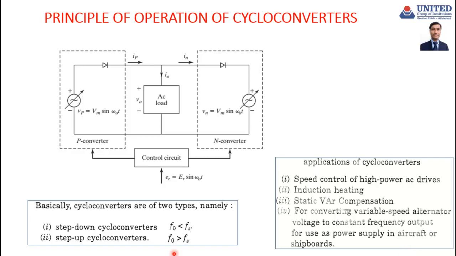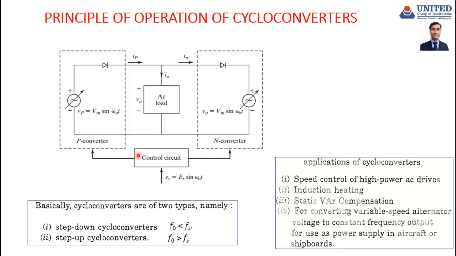Now, in order to understand the basic principle of a cycloconverter, here we see that there are two converters. One is the P converter and the second one is the N converter. Both converters are two quadrant converters.